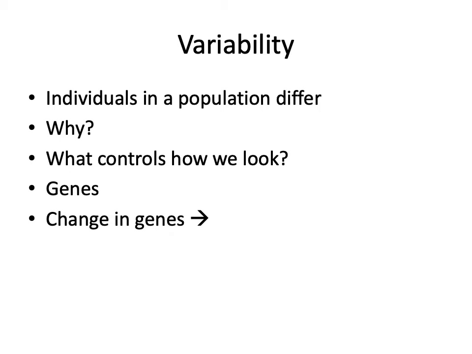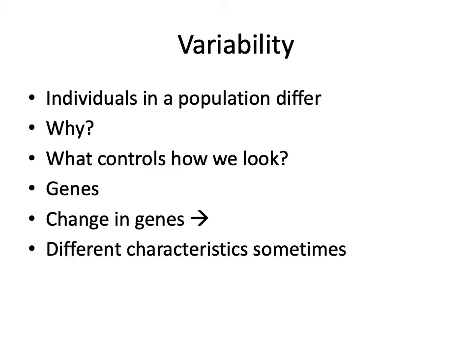For example, in DNA, adenine may be replaced by a guanine by mistake, and that may result in the characteristics of an individual changing, and if that changing characteristic is beneficial, it can increase in the population.